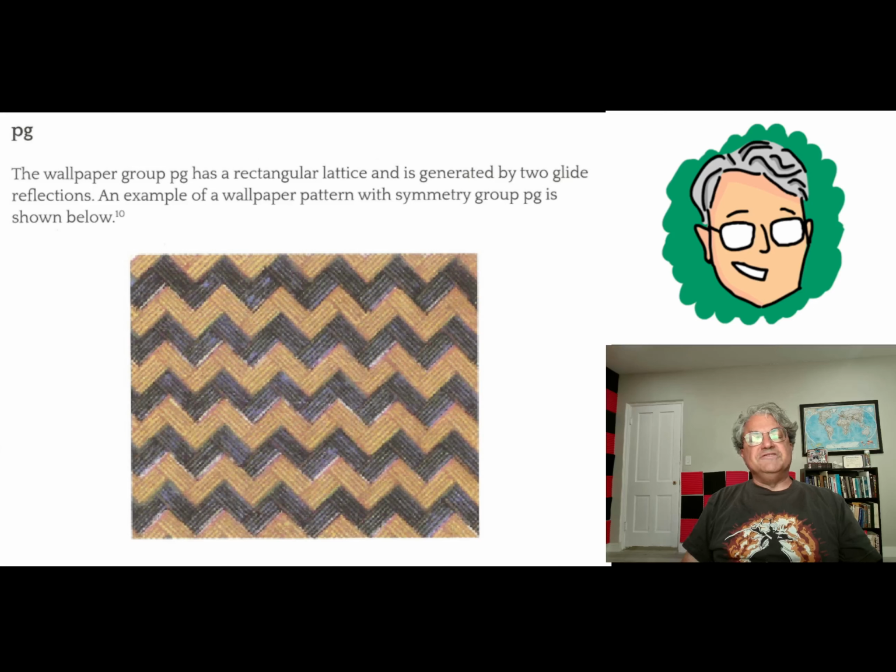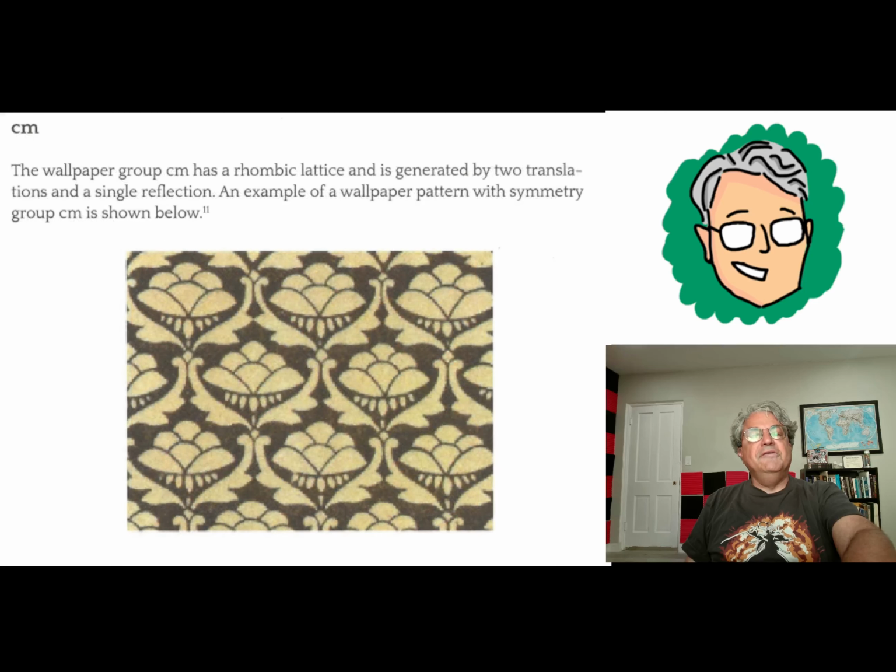Let's just take a point on the black one, and then we can do a glide reflection about that point and end up with the row above. I think that's how this works. I'm not 100% sure. But there's actually two glide reflections. I guess you have to use another glide reflection to get back to the row we started in. Anyway, so that's PG. And then the fifth one is CM.